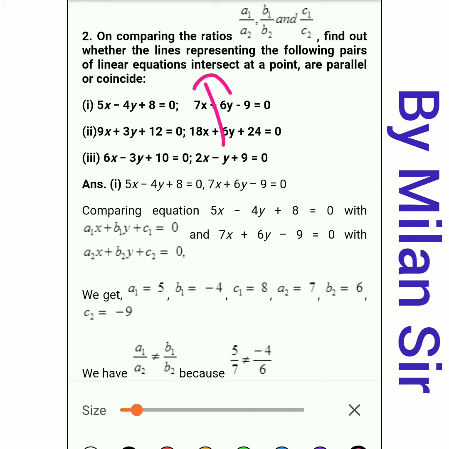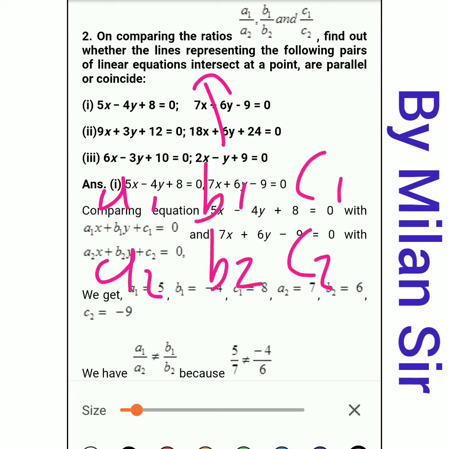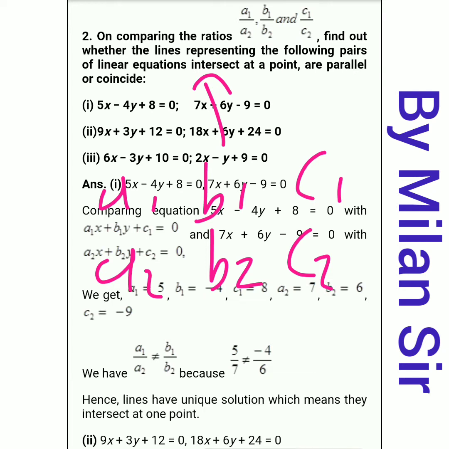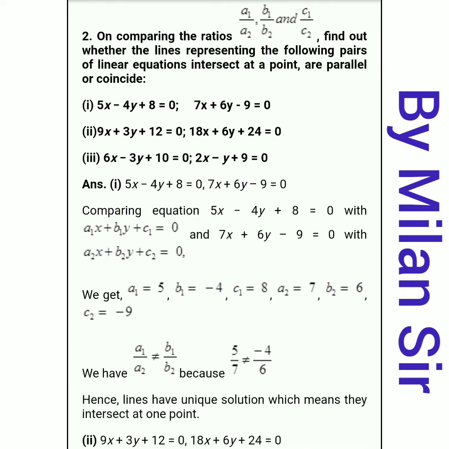This we already learned in our theory part, right? So what we need to do here? First of all, we find A1, A2, B1, B2, C1 and C2 from these two equations. Then we find the ratios A1 upon A2 and B1 upon B2.